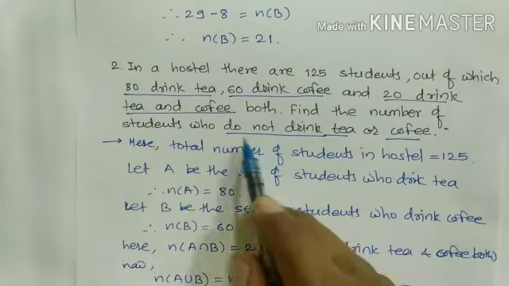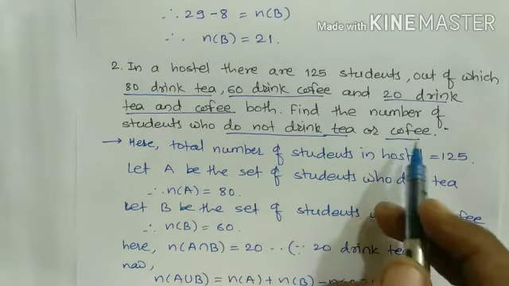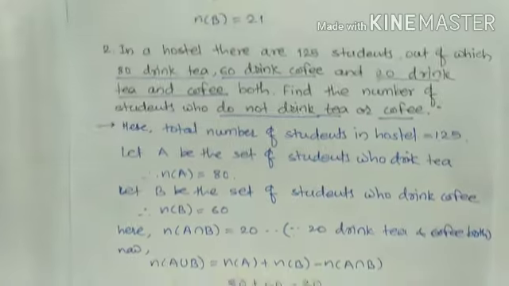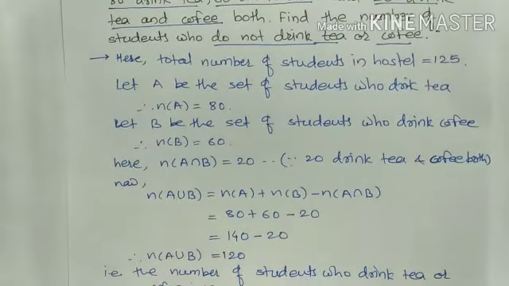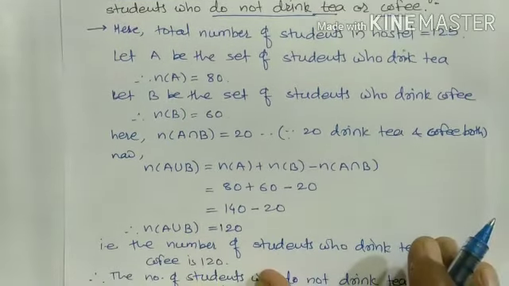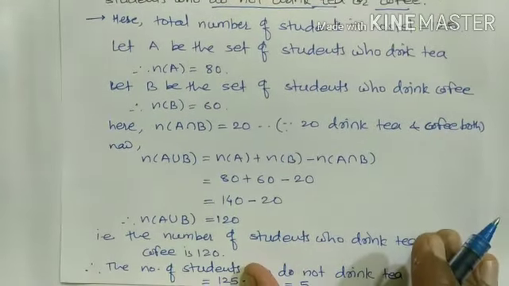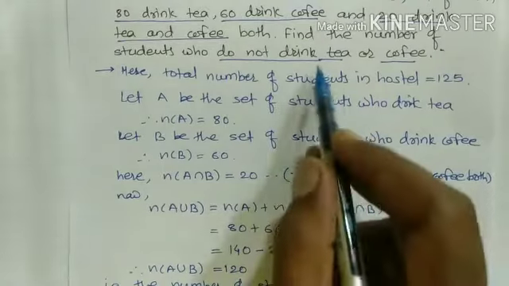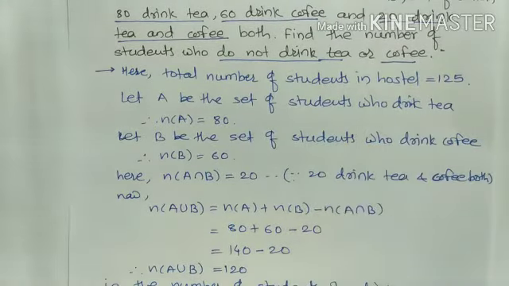Therefore, the number of students who do not drink tea or coffee is 5. Here also we have solved this example using the same relation. Finally, in words, the number of students who do not drink tea or coffee is 5.